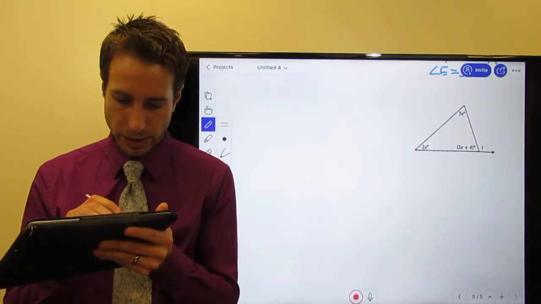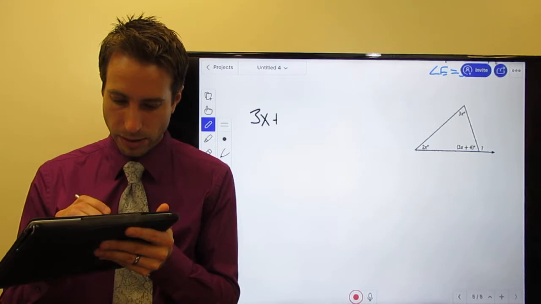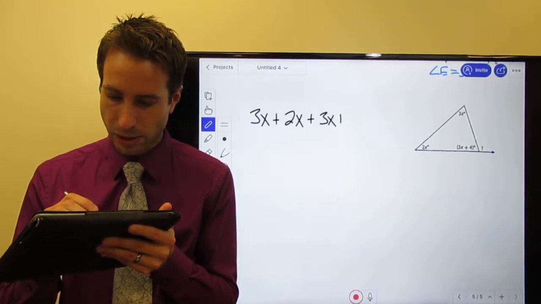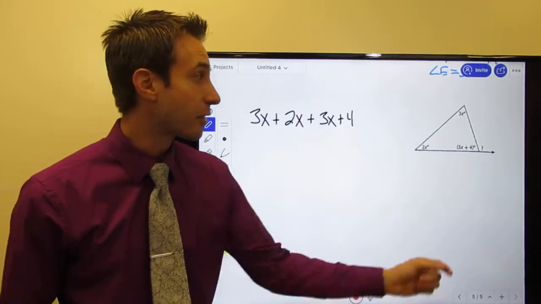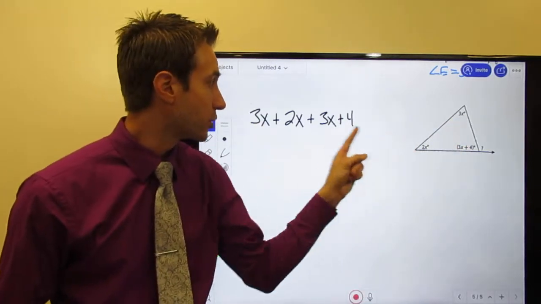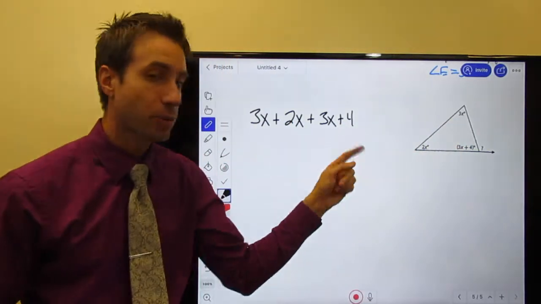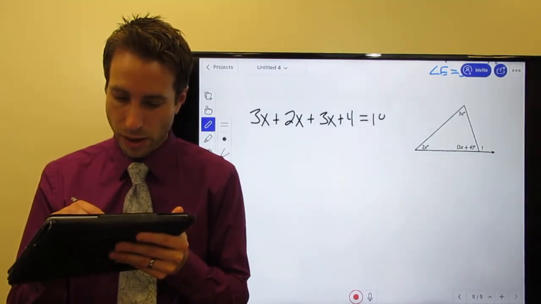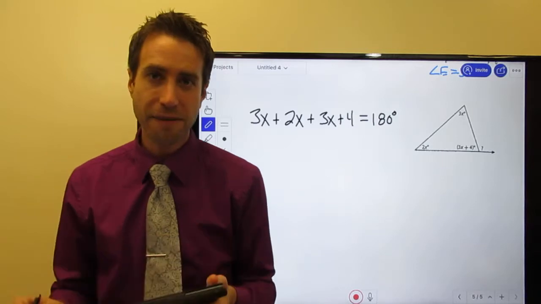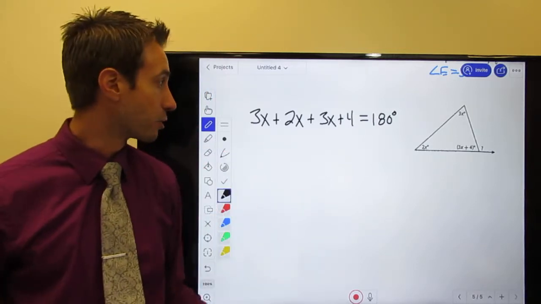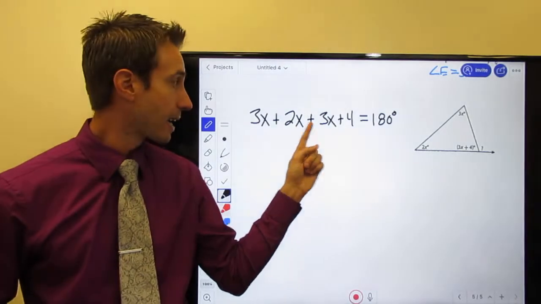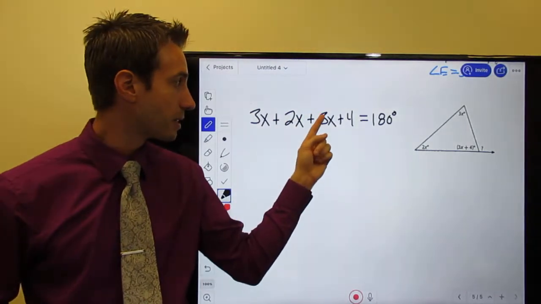Look at how smart you guys are. 3x plus 2x plus 3x plus 4. Right? I add together 3x plus 2x plus 3x plus 4. Interior angles must sum to 180 degrees. They have to. Do a little bit of simple algebra here. 3x plus 2x plus 3x, 1, 2, 3, 4, 5, 6, 7, 8.